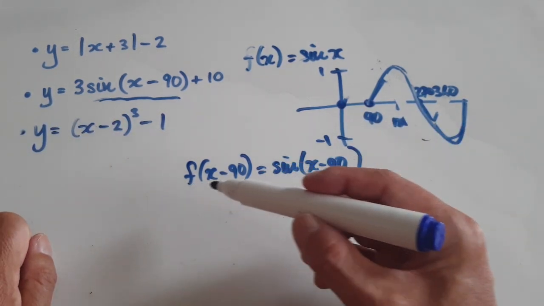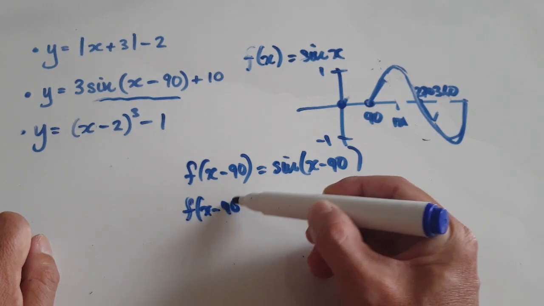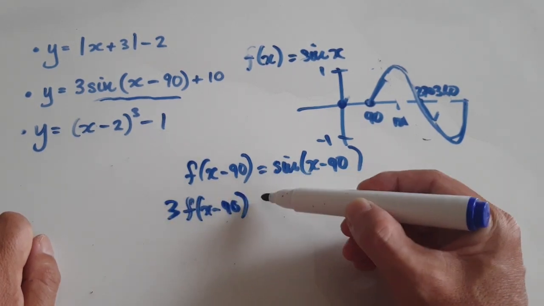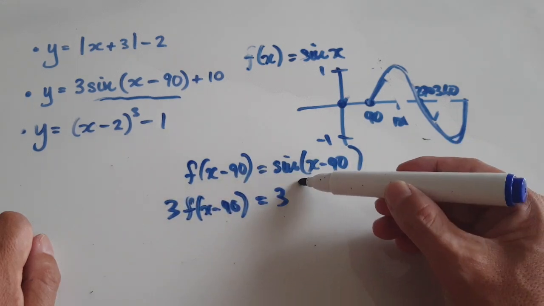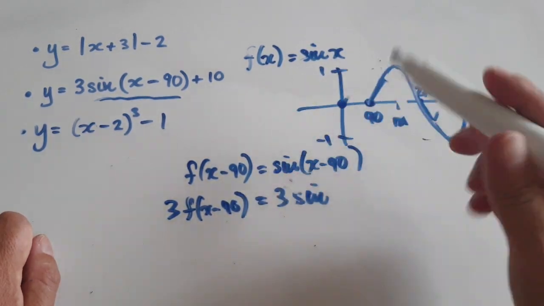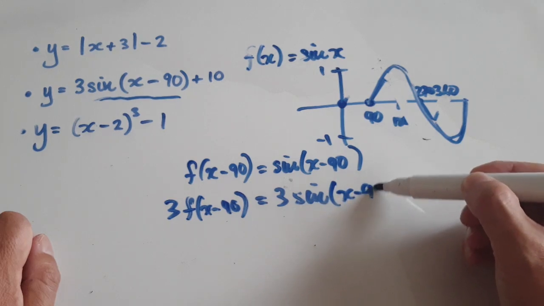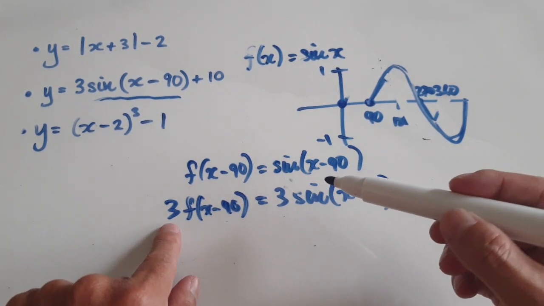So apply this transformation. The previous function, this is the previous function. Stick a 3 in front of it. So that would mean you change the amplitude. Remember. So that would then give us this thing here.